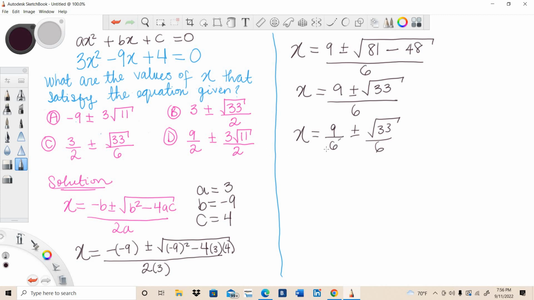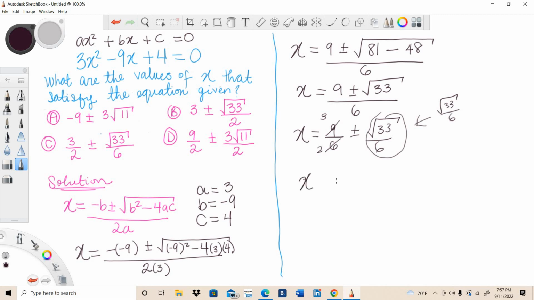So we're going to simplify. We have 3 in 6, that's 2, 3 in 9, that is 3. And you cannot divide anything in the square root of 33 divided by 6. We cannot simplify this portion of the fraction any further, so we're just going to leave it as the square root of 33 divided by 6. Assuming we could simplify further, we would simplify further.